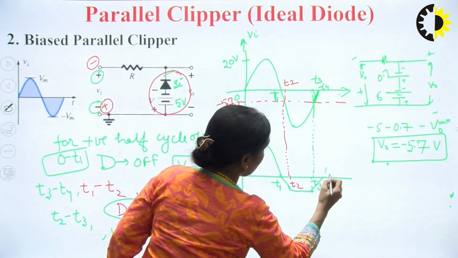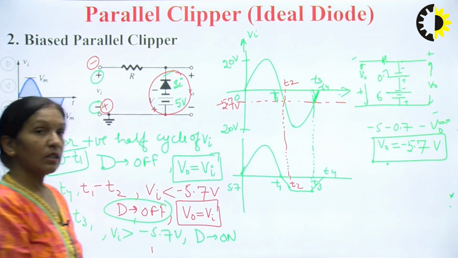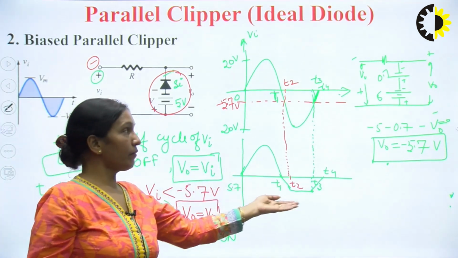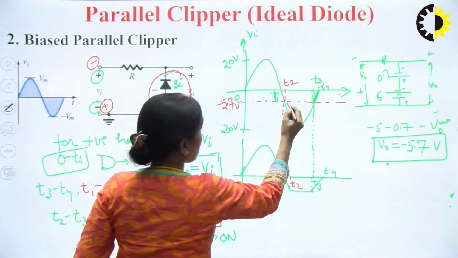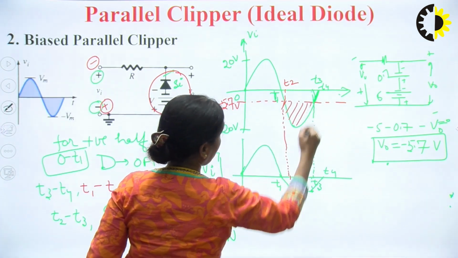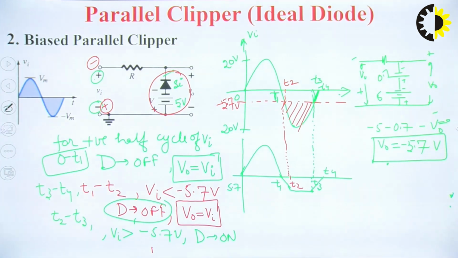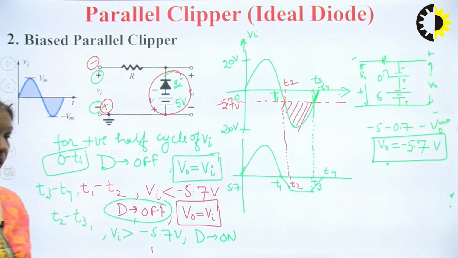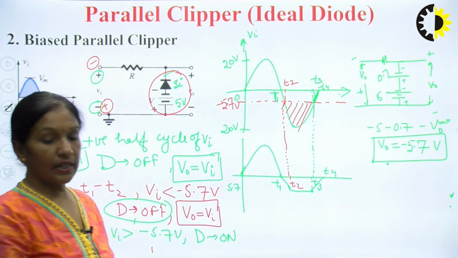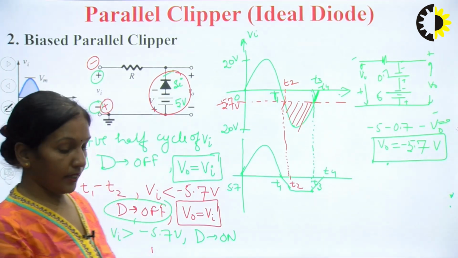So this is your output waveform. So this is a biased negative clipper, because here in this case this portion has been clipped off or removed. So this is a biased parallel negative clipper. So this is how we can do the analysis of the various clipper circuits.